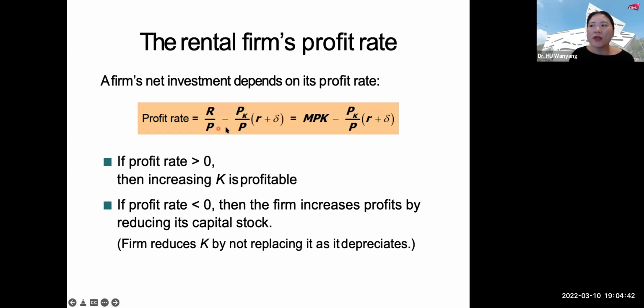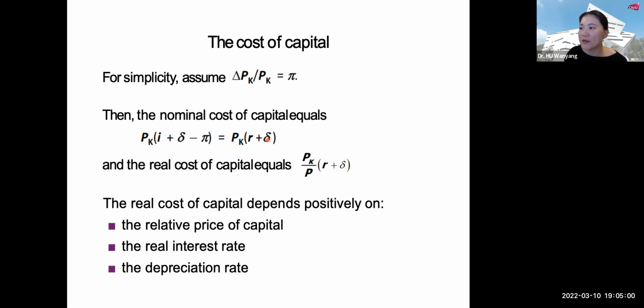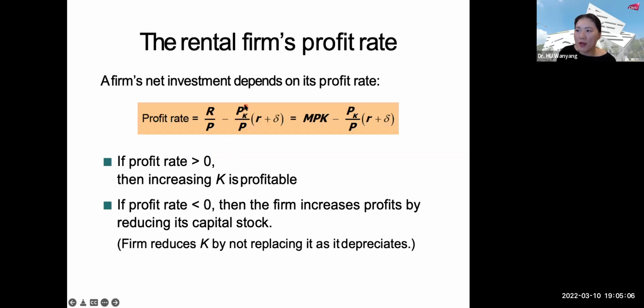I think this is easy to understand. This is the benefit of the capital, the real rental price, right? And the profit is the benefit minus the cost. The cost is from the last slides: real interest rate, depreciation rate, and relative price.